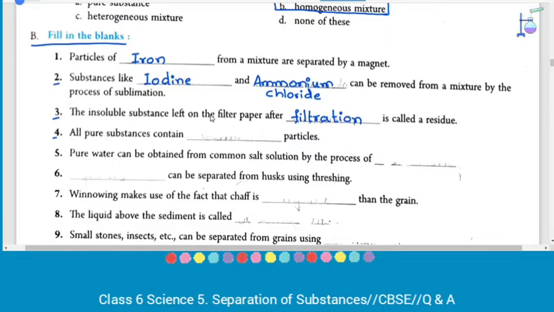All pure substances contain same particles. Fifth one, pure water can be obtained from common salt solution by the process of dash. Pure water can be obtained from common salt solution by the process of distillation.